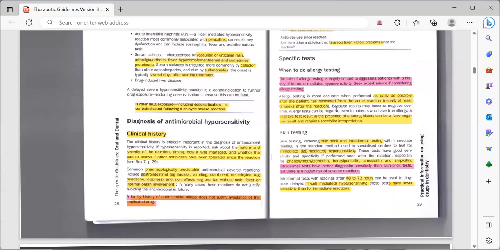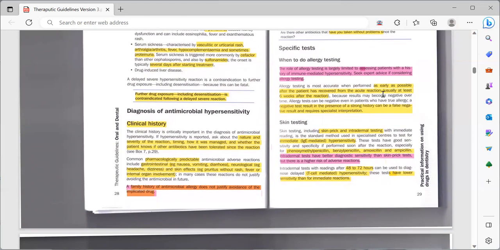For example, you have prescribed an antibiotic to a patient and he didn't know that he has any allergy, but after taking the antibiotic, he got all those symptoms of the allergy, and you need to make sure. Then the best time to offer him allergy testing is usually at least 6 weeks after the reaction. Why? Because results may become negative over time.